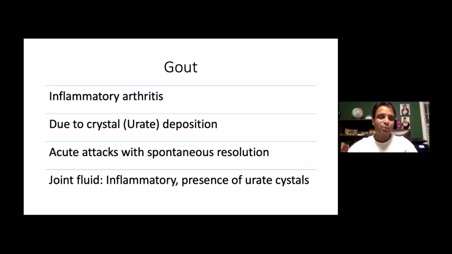They typically present with acute attacks. All of a sudden they present with acute symptoms. Even without treatment, they usually resolve in the next 2 weeks or so. And usually when you do a joint fluid analysis, it shows inflammatory arthritis with the presence of uric acid crystals.